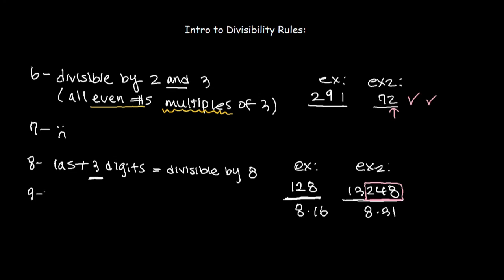For 9, if the sum of all the digits is divisible by 9, that number is going to be divisible by 9.